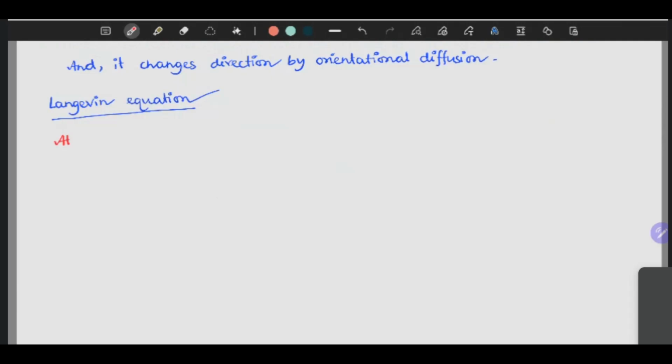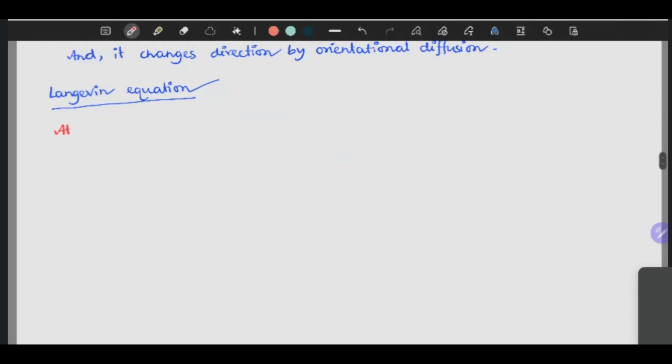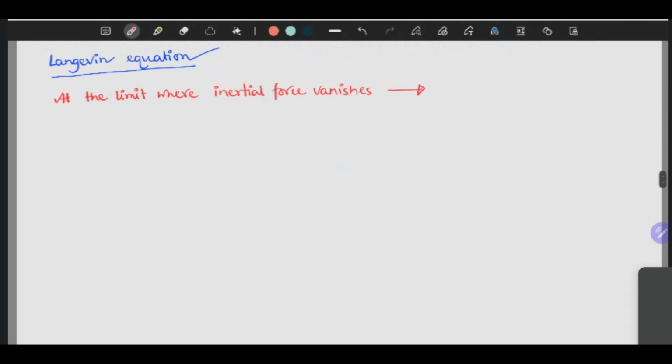In the limit where the inertial force vanishes, we can write the Langevin equation for the translational degrees of freedom. Let's study a 2D system.